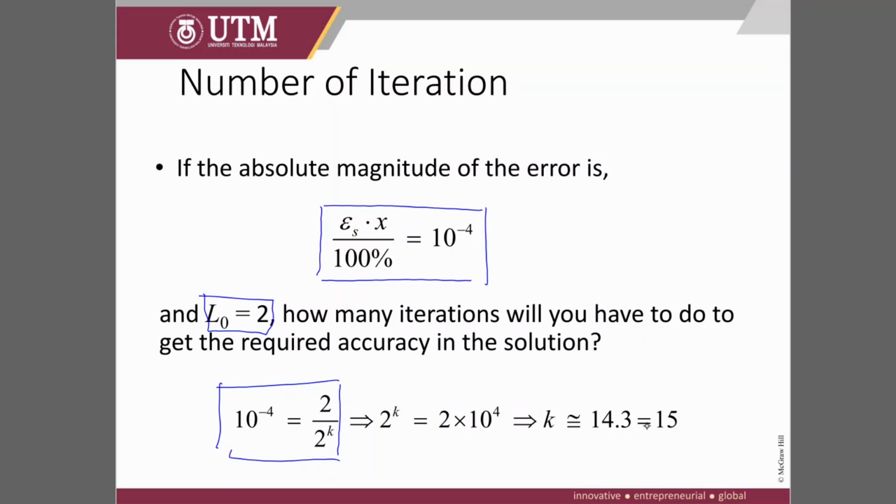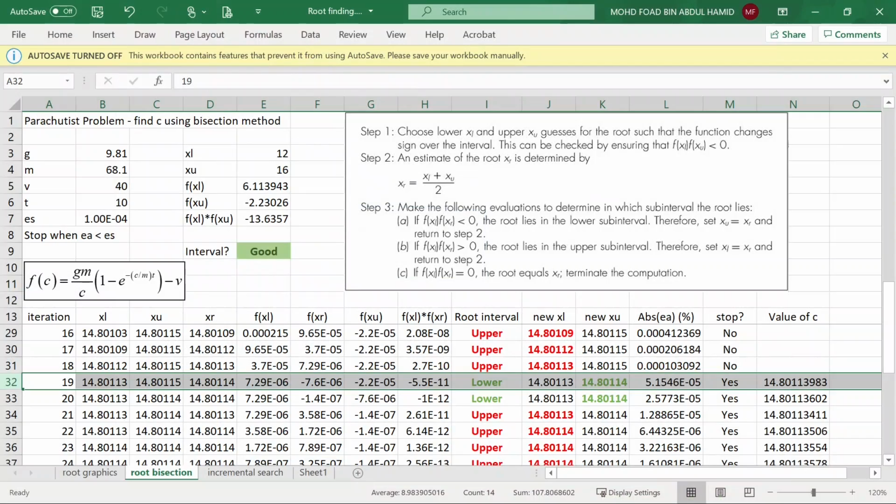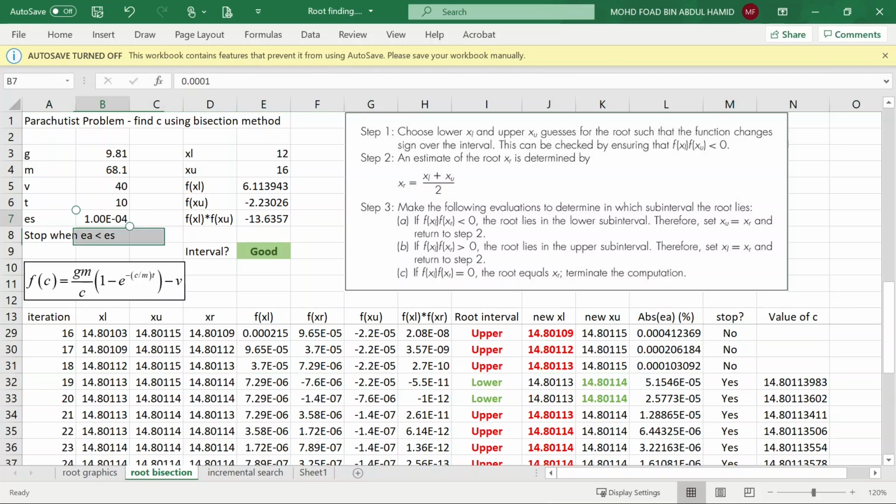The calculation gets 15, but when we did the iteration, it requires 19. And the case for 10 to the minus 6.